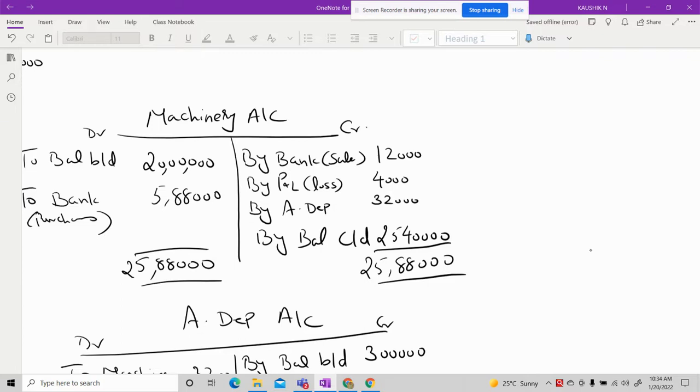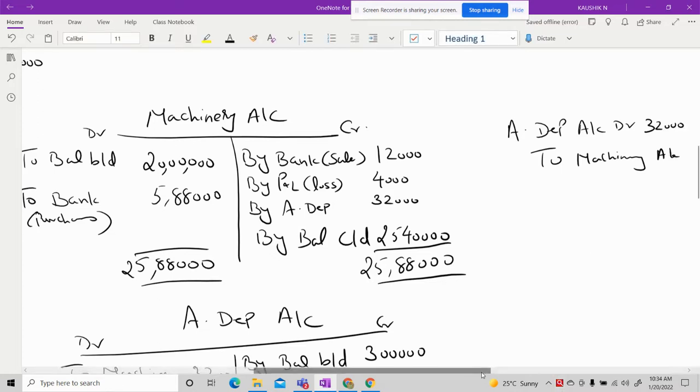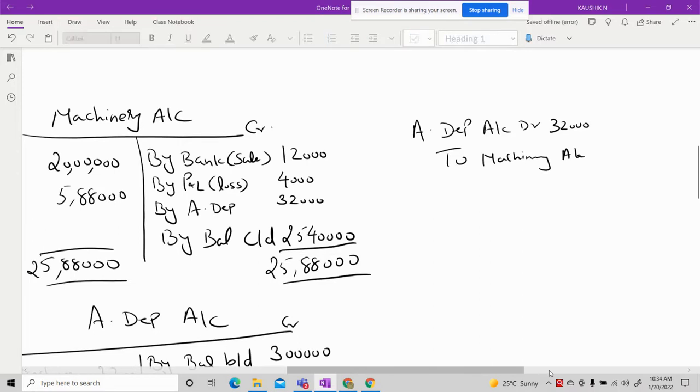So the entry would be: accumulated depreciation account debited to machinery account, 32,000 and 32,000.